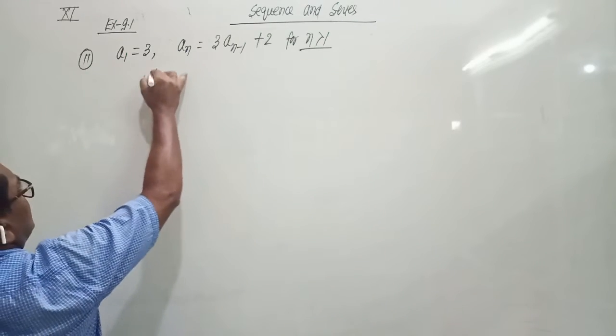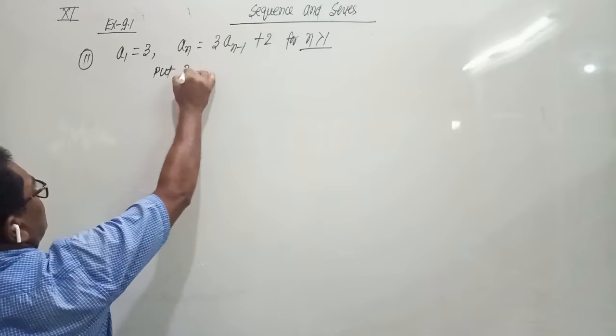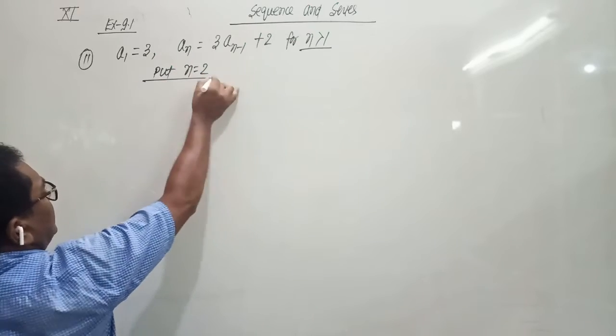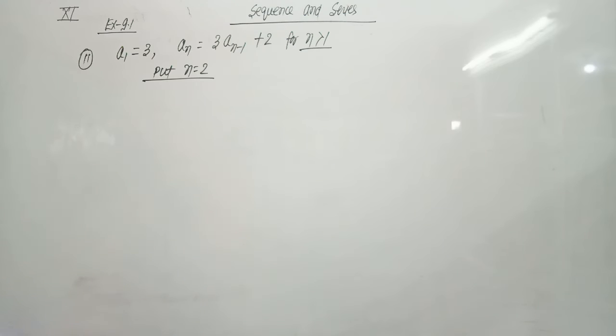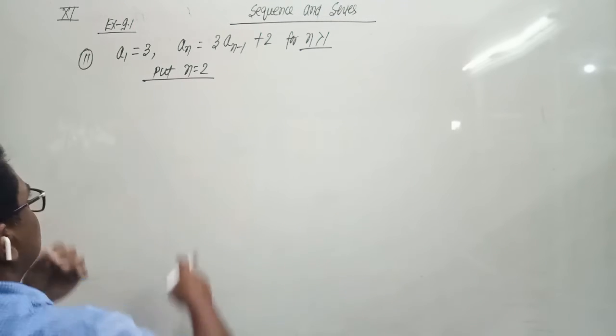So we put n equals to 2. We cannot take the value of n equals to 1 because we have given the condition that the value of n should be greater than 1. So the first value of n which would be taken is 2.